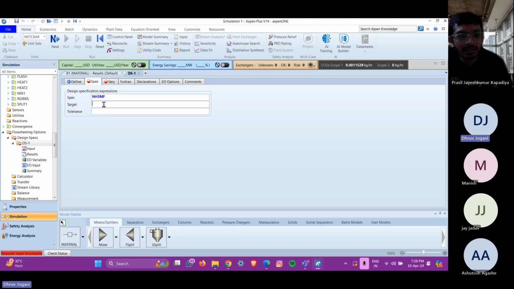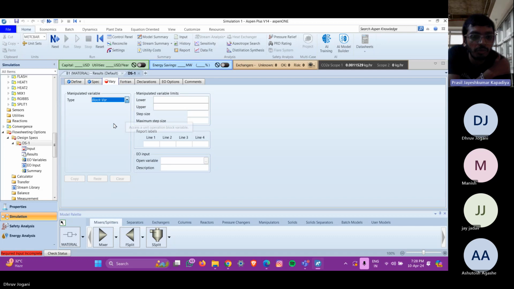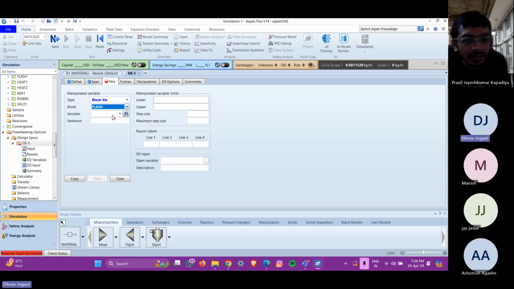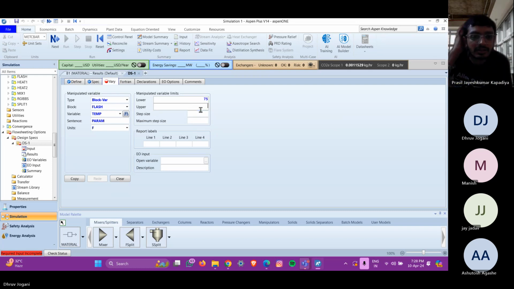The target is, sir, because we got 0.97 already, can we put 0.985? Okay, keep 0.985. I guess we won't get it, but let's try it. Okay, vary. What are we supposed to vary? Block variable of block Flash, temperature in Fahrenheit. It is 80 right now. Go to 120, 125.